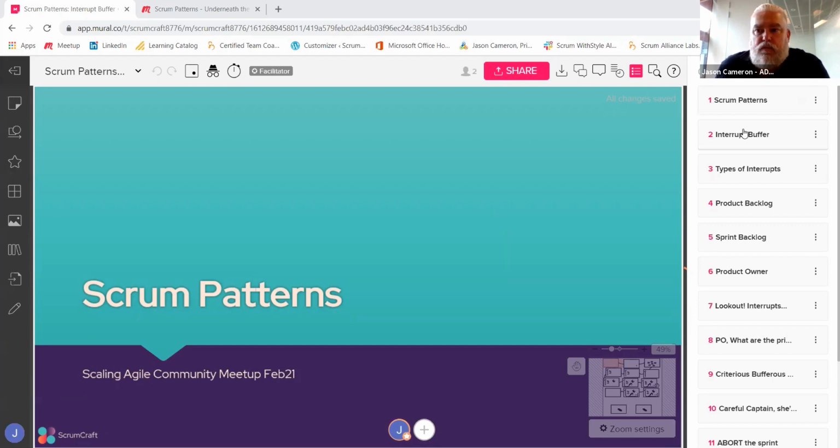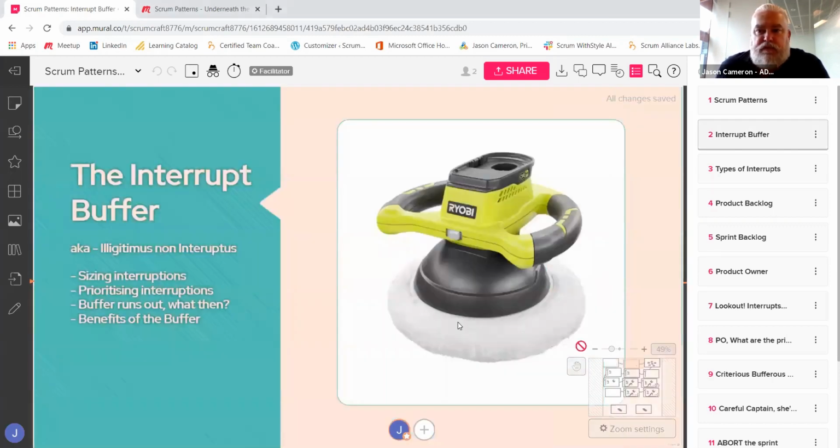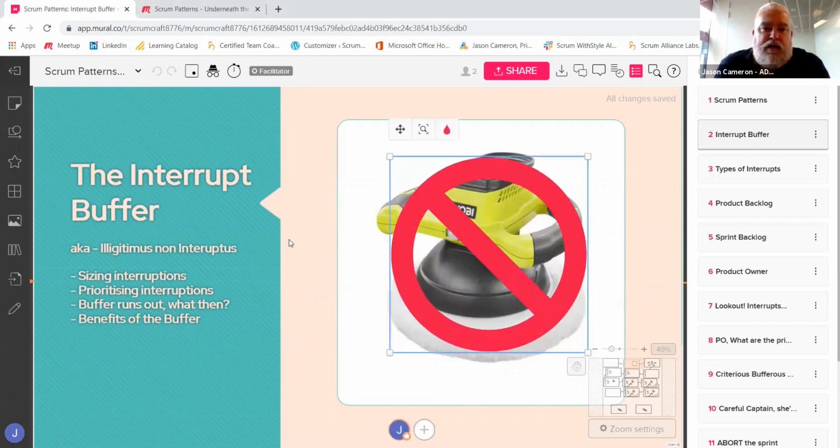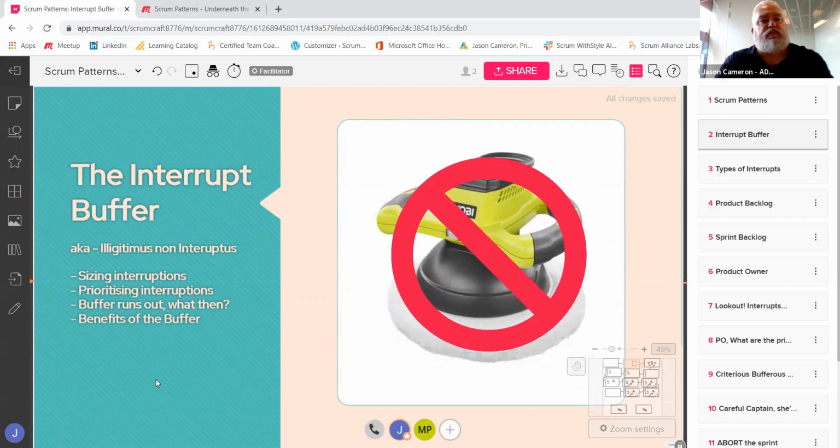So, just the agenda for today. Looking at this here, it's not the type of buffer that we're talking about. But in terms of the interrupt buffer, we're going to go through how we size interruptions, and interruptions can come from multiple different sources, and we'll get to that in a second.